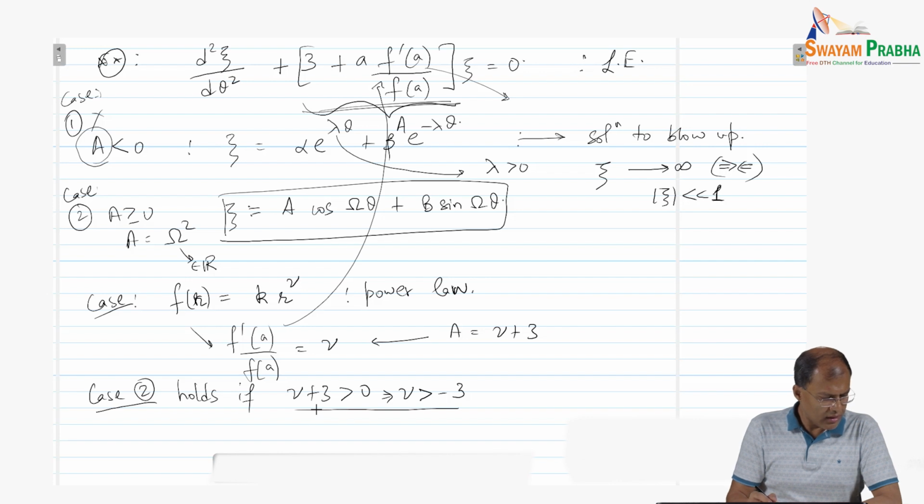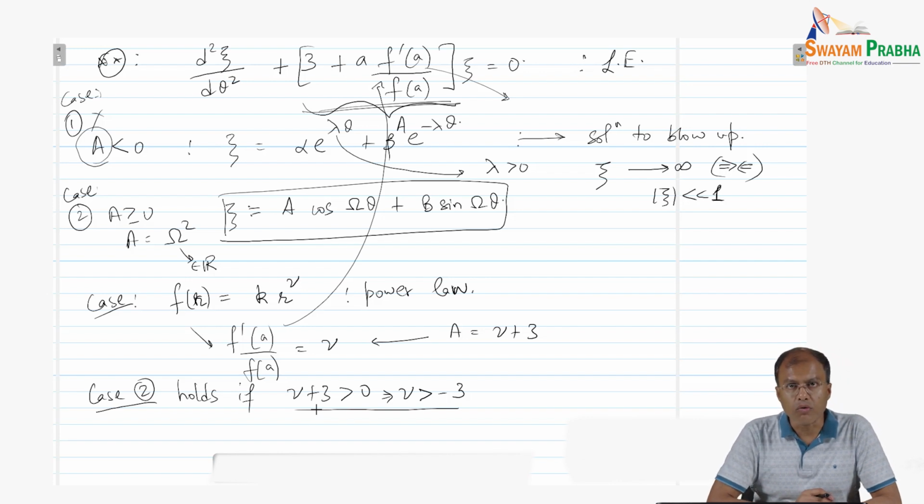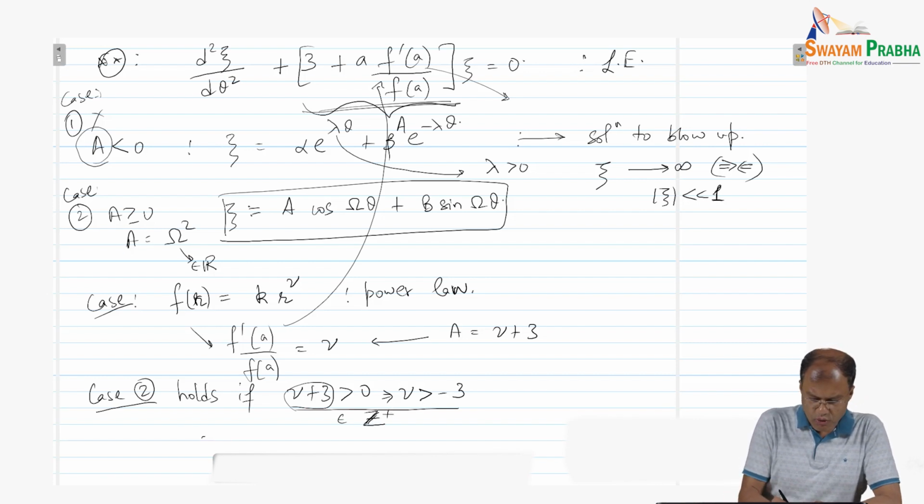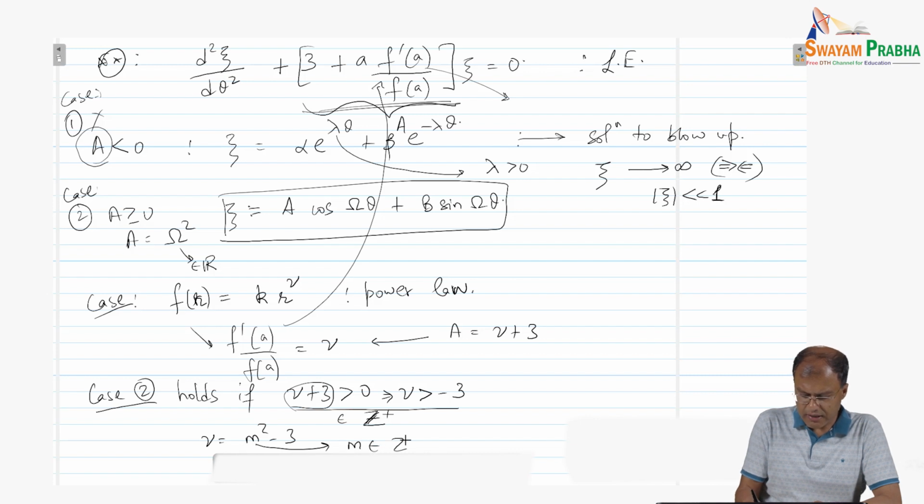We also want the orbit to be closed, right? Which means that this parameter, nu plus 3, has to be an integer square. So we can write nu equal to m square minus 3, where m is an integer.